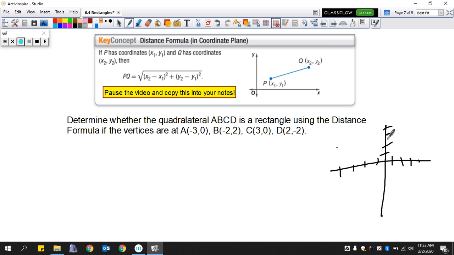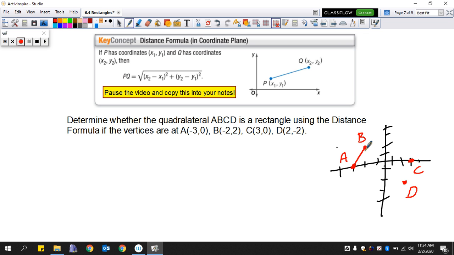Negative 3, 0 is A. Negative 2, 2 would be here. That's B. 3, 0 is C. And 2, negative 2 is here. That's D.